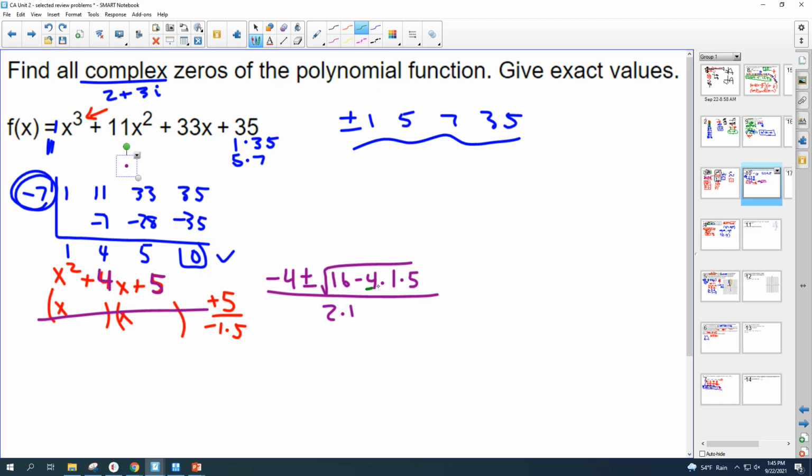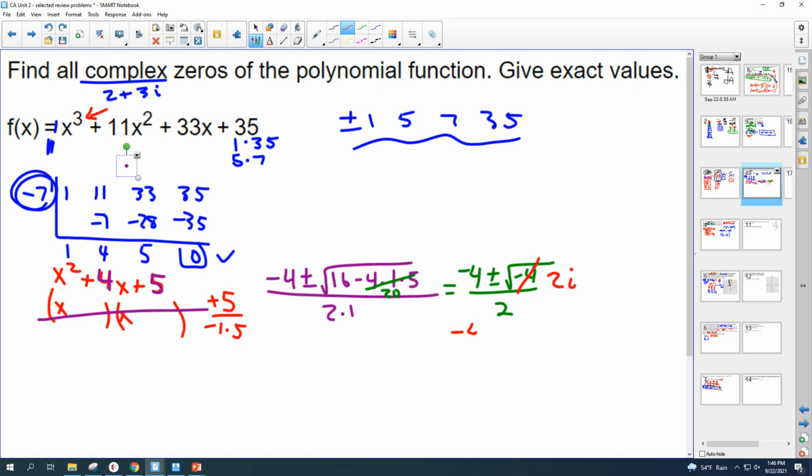And what I would do is 4 times 1 times 5 is 20. So I've got 16 minus 20, which is -4 there. -4 plus or minus the square root of -4 all over 2. Well, we can do the square root of -4. We know how to handle that. The square root of -4 is 2i.